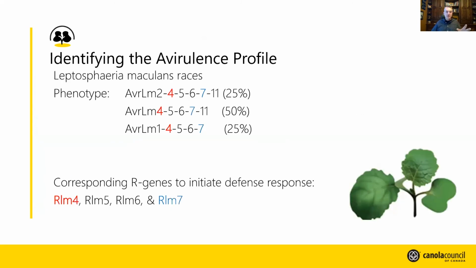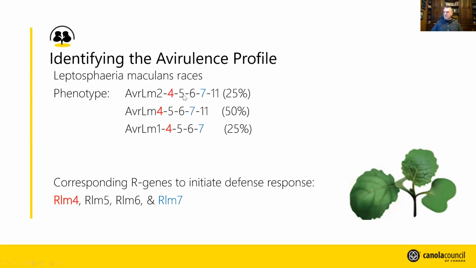As an example, here we have a field that has 3 races. The AVRLM 2, 4, 5, 6, 7, 8, or 7, 11 is one race, and it comprises 25% of the population. This race comprises 50% of the population, and this race has 25%. So there are 3 races that were detected in this field.